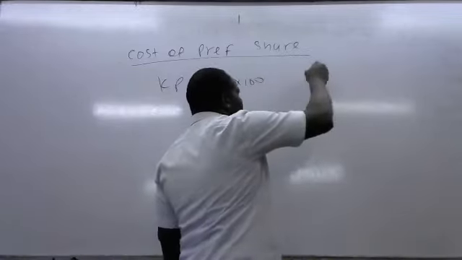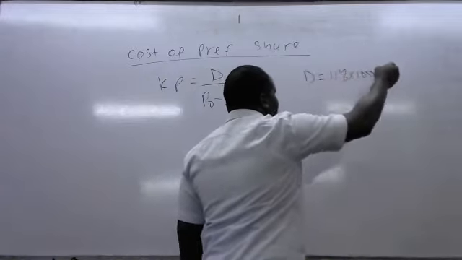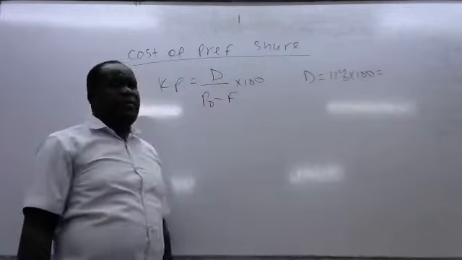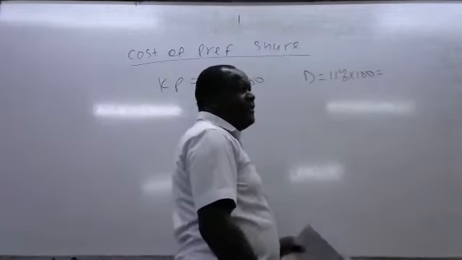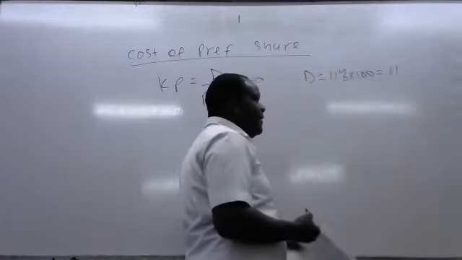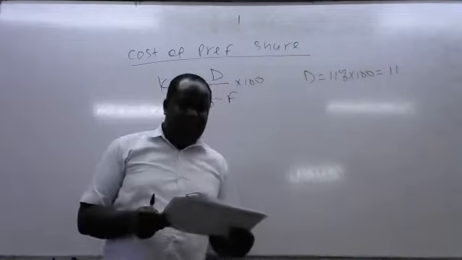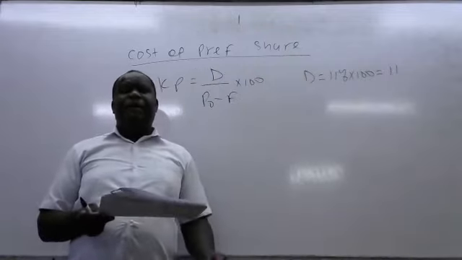So our dividend will be 11% of 100, which is the same as 11. Then when you continue on the same, they say that new preference shares will be issued at par.